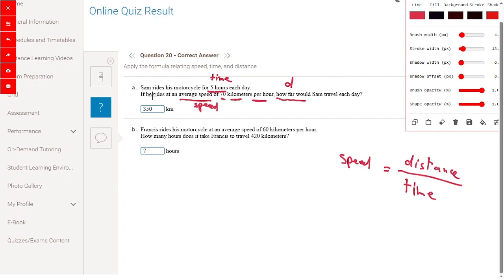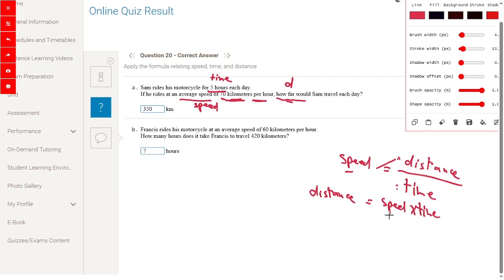Okay, and here if you can see we have average speed 70 kilometer. This is a distance per hour. This is distance per time. Now you need to know the distance, so the distance will be cross multiplication: distance equal to speed multiply time.